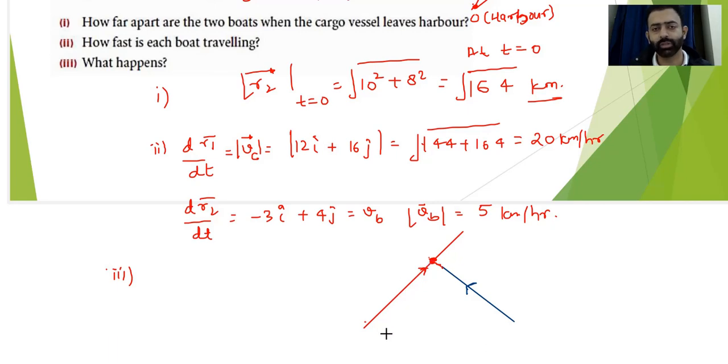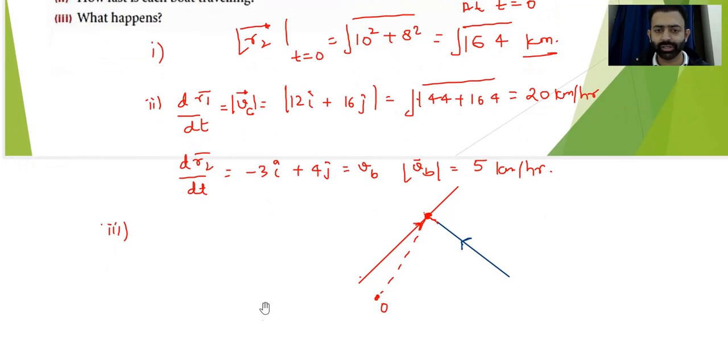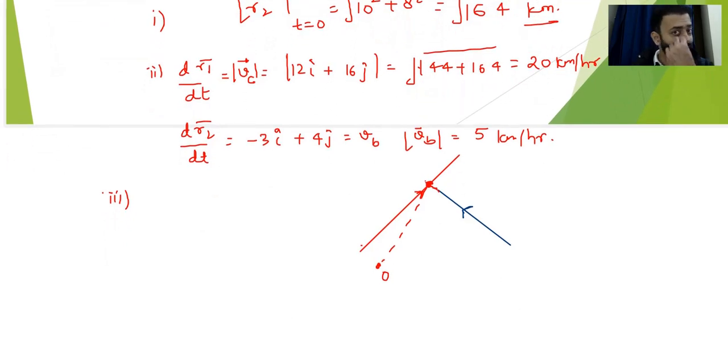If I'm talking about the position vector, taking the origin as the reference, at that very instant position vectors are also the same. And if the position vectors are the same, let us see at what time they will intersect or collide. So taking r1 equal to r2, making both the position vectors the same, let us equate these.